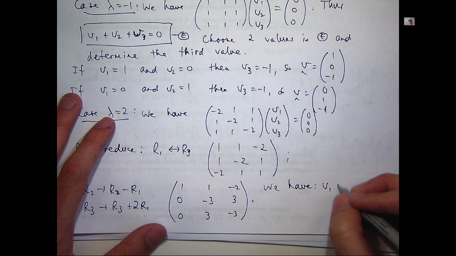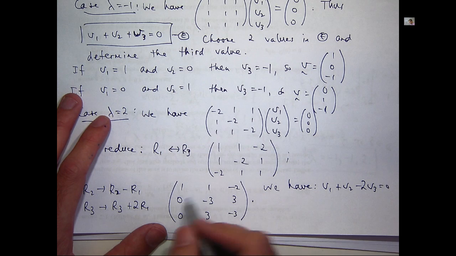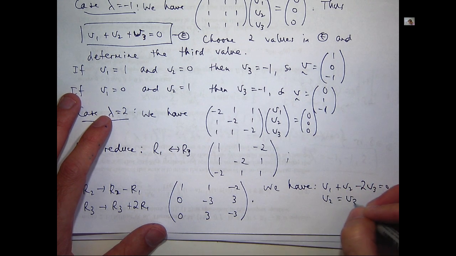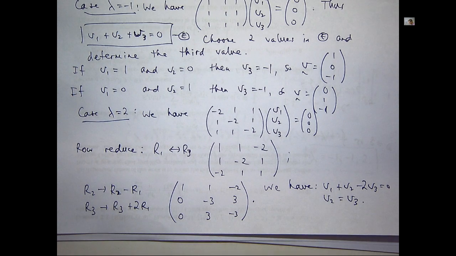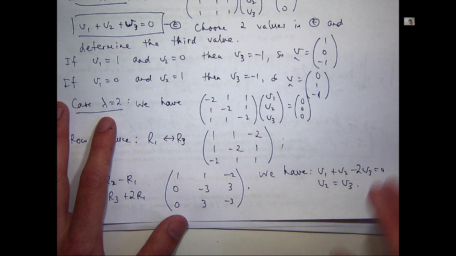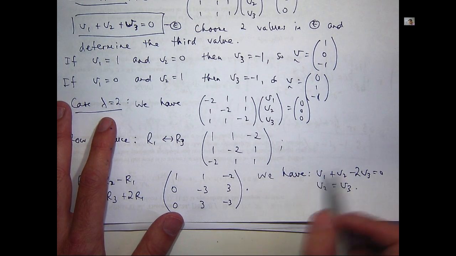So V1 plus V2 minus 2V3 equals 0. And the second and third rows tell us V2 equals V3. Okay, so what I'm going to do is choose V2 to be 1. I'll get V3 is 1, and I can get V1 from this equation up here.